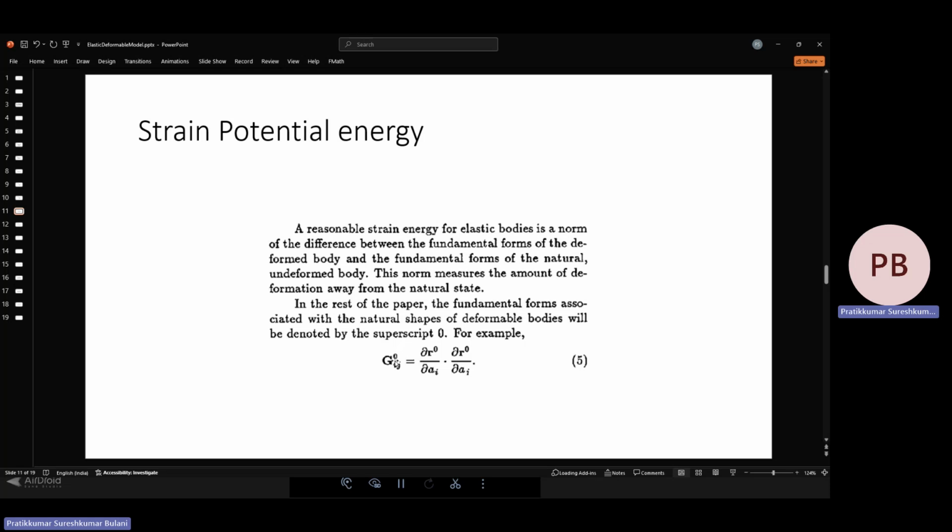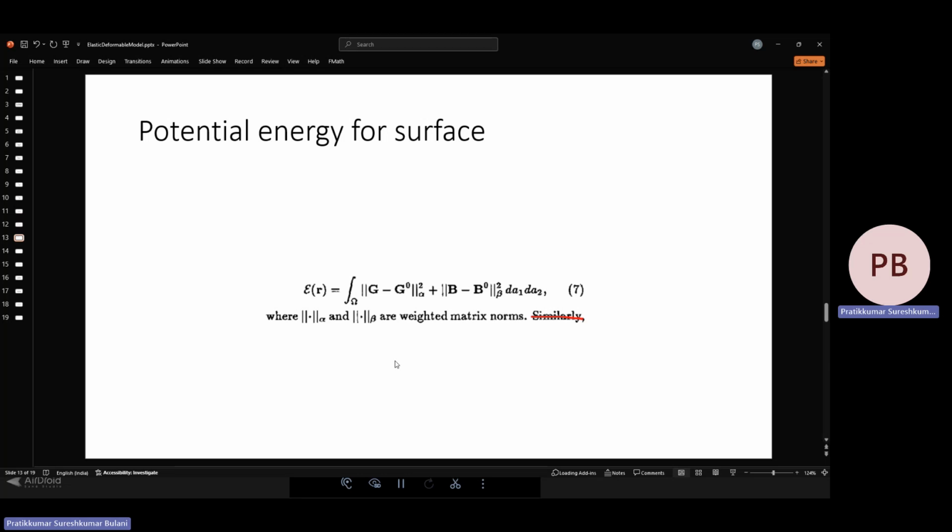Now for sure I can say that the difference between G, which is the deformed G, minus the natural G, the undeformed G, if I take the alpha norm of that, alpha could be anything.